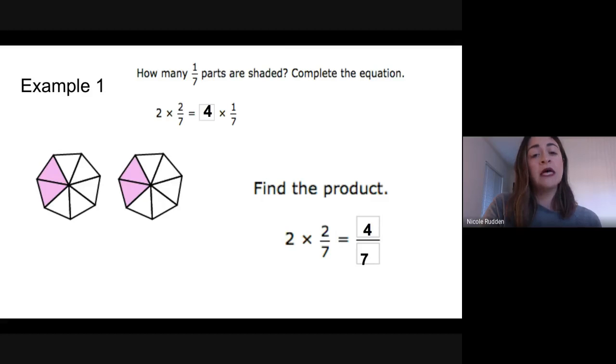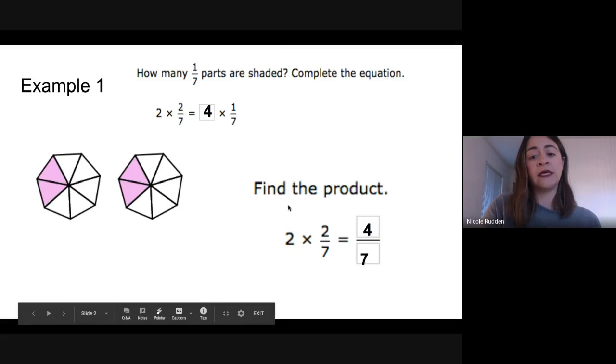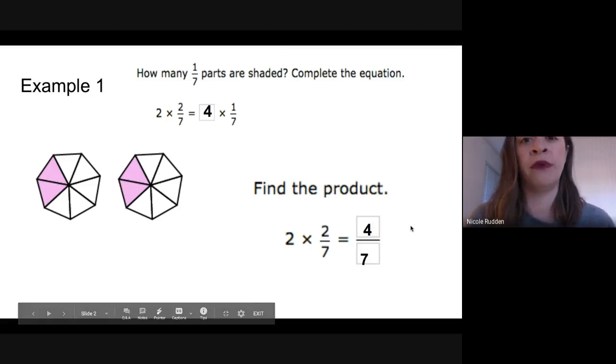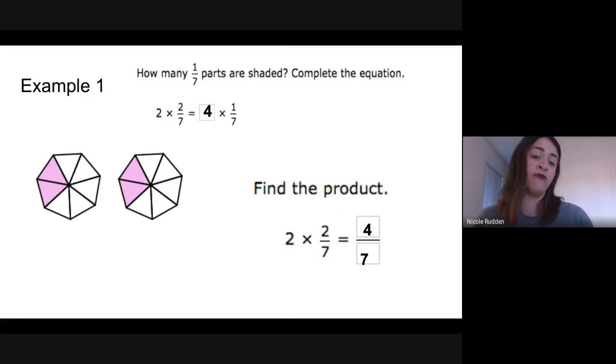Some of you might be recognizing right here in the equation an algorithm. You might be seeing a pattern of how to solve these problems, and some of you were really aware of this before we went on our distance learning. Please utilize that. Tomorrow, we're going to be opening this up to many different strategies that are a little more efficient, or some of you may choose to use models, and that's fine as well.